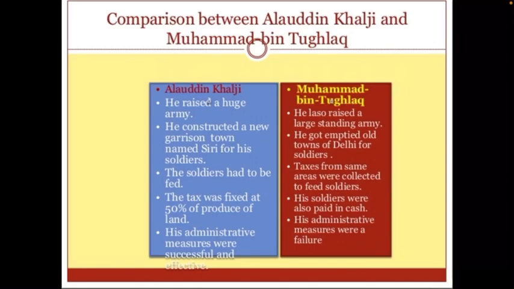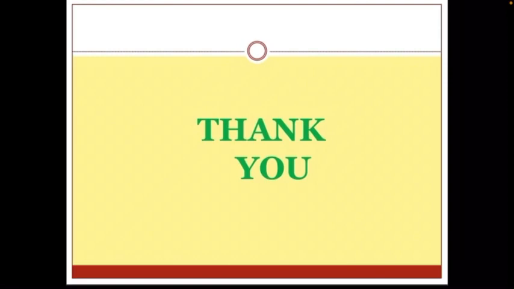Only from those areas where the soldiers were kept were the taxes collected. His soldiers were paid in cash. His administrative measures did not succeed as much as those of Alauddin Khalji. So, here we can understand the difference very clearly.